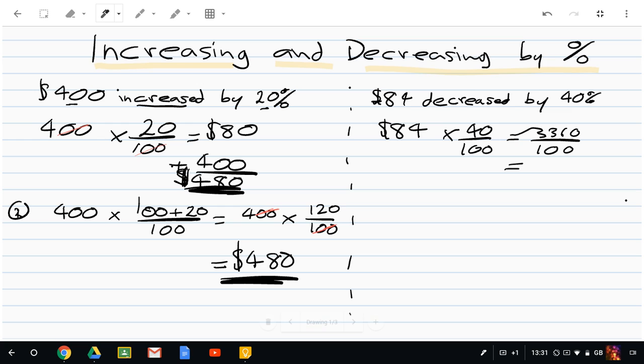Okay, when we divide by 100, we can move the decimal point, so that's 33.60. So 40% of $84 is $33.60.